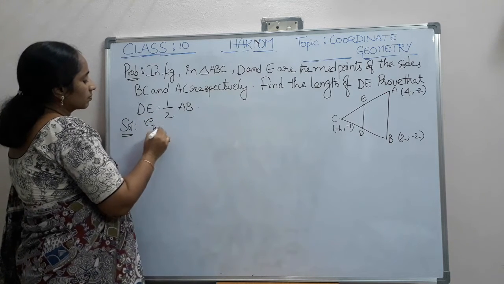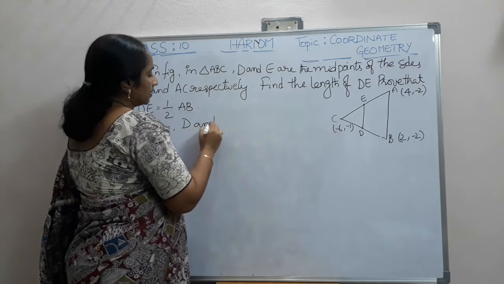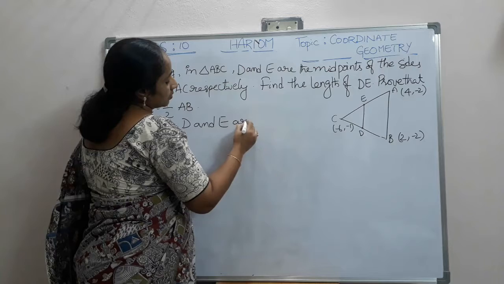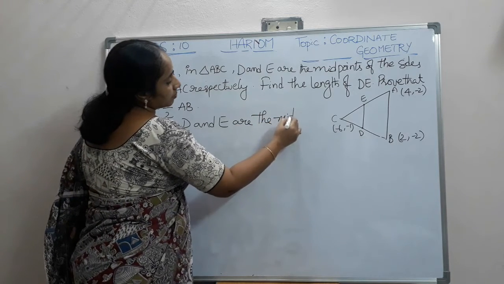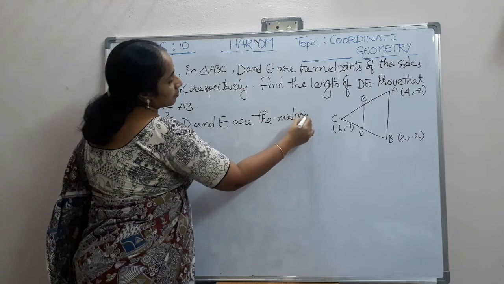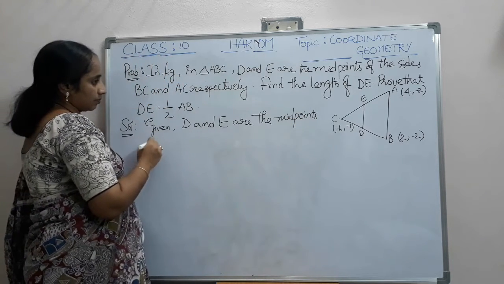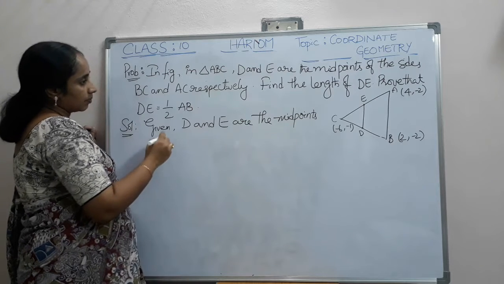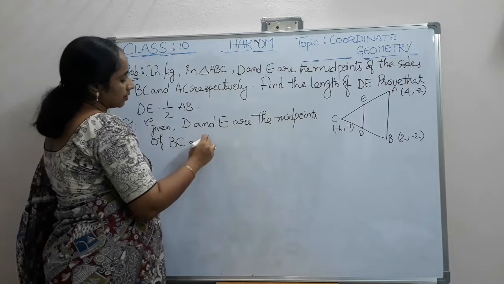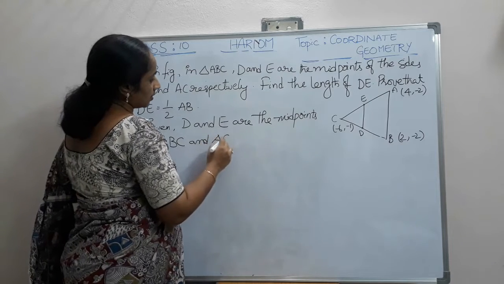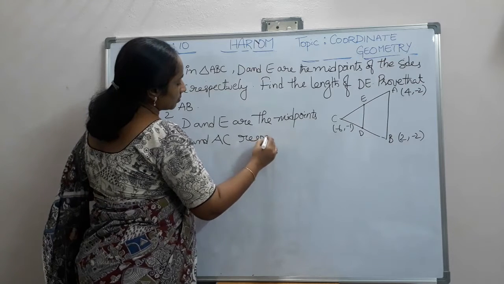Given D and E are the midpoints of BC and AC respectively.